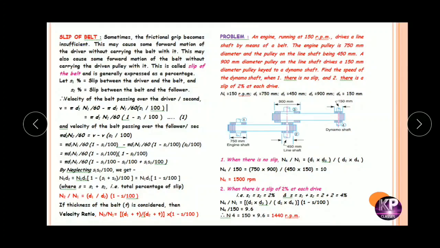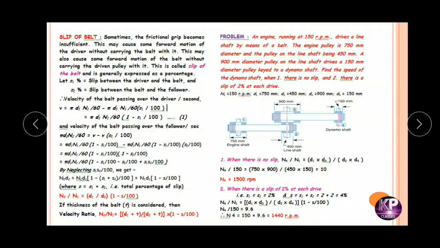By putting the formula and corresponding values, we can find the speed of the dynamo shaft. Using the formula when slip occurs, n4 by n1 equals d1 into d3 upon d2 into d4 into 1 minus s by 100. By putting in the values of d1, d2, d3, d4 and s as 4%, n4 by n1 becomes 9.6.